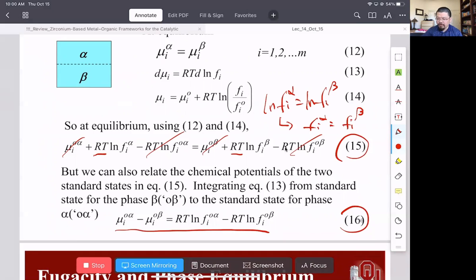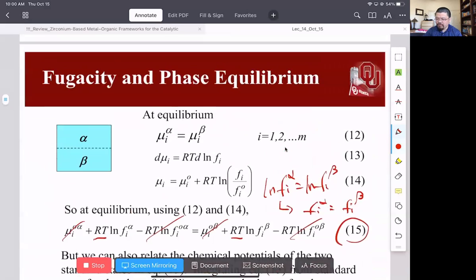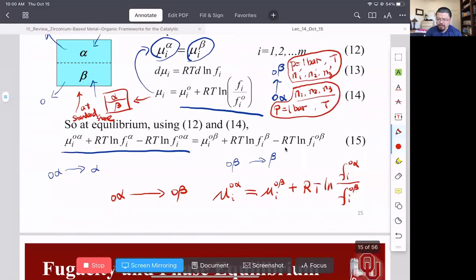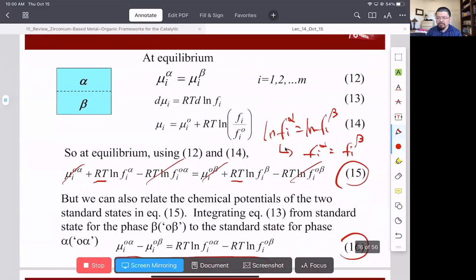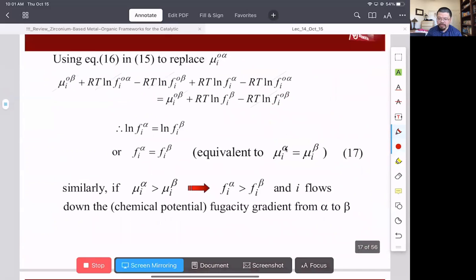So the reason of introducing slides 15 and 16 is mainly to share with you what we have for the two standard states. And if we acknowledge that, and if we utilize the integration over there, then we can derive this equation in the end. So the answer is really straightforward.